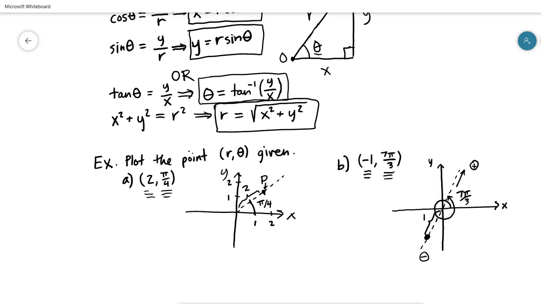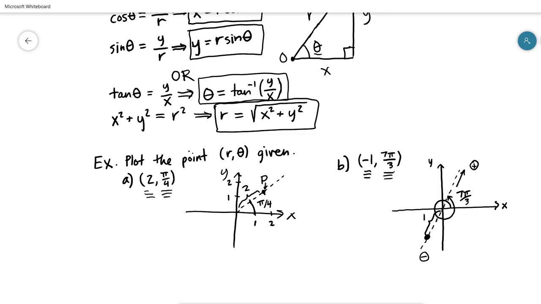So the direction tells us we're going this way, but the fact that we're going -1 means we actually wind up going this direction, a distance of 1. So that's how it plays out when r is negative. It basically tells you to go the opposite direction.